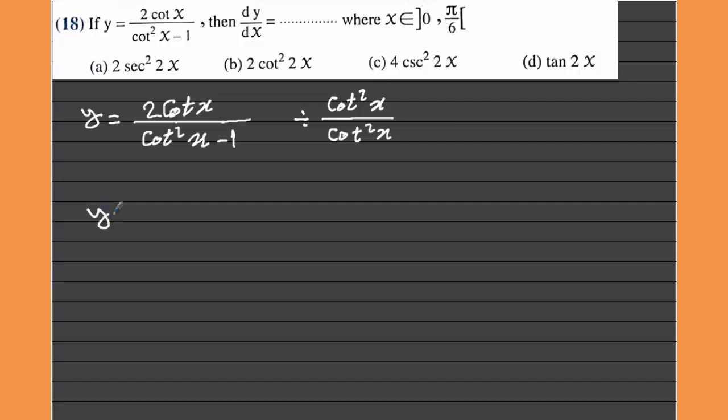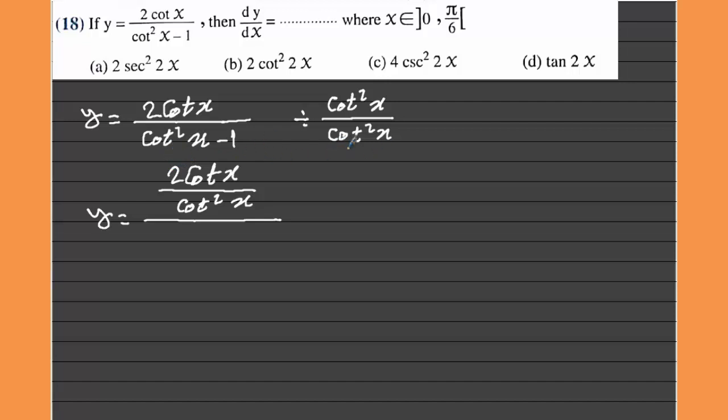So we have y equals 2 cotan x over cotan square x, and here we divide the denominator by cotan square x.